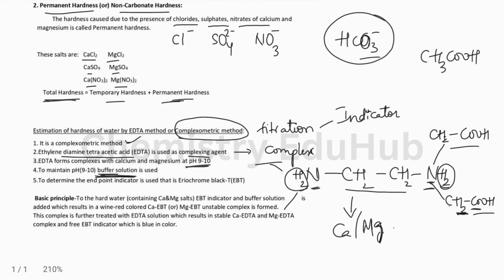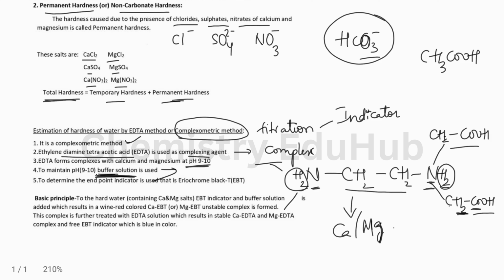A buffer solution is something that, when used, will resist the change in pH of the solution to some extent. Though the compounds in the mixture are acidic or basic, the pH will not change until a certain range. So to maintain such a range, we generally use buffer solutions.